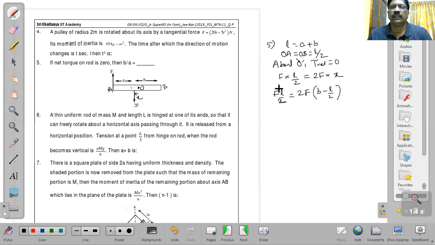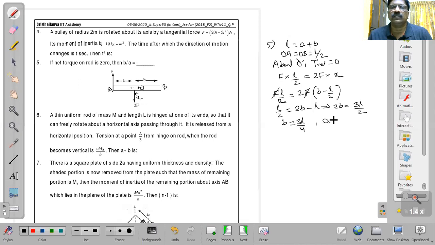Now here F cancels. Do cross multiplication. L by 2 is equal to, you multiply with the 2, 2B minus L. That implies 2B is equal to, when you bring this minus L to the left hand side and take LCM, 3L by 2. Therefore B is equal to 3L by 4.